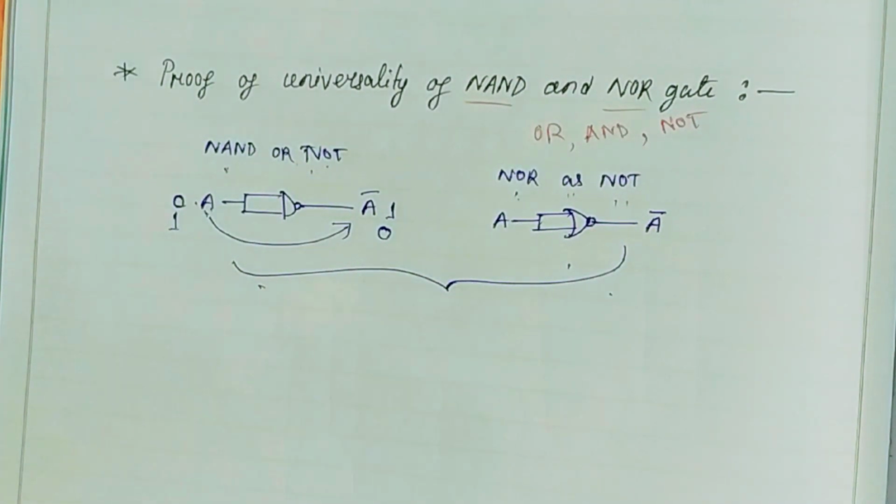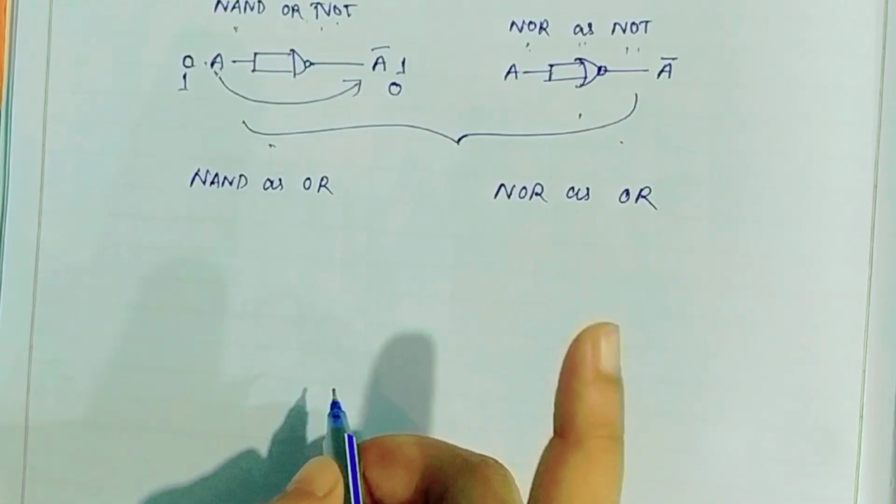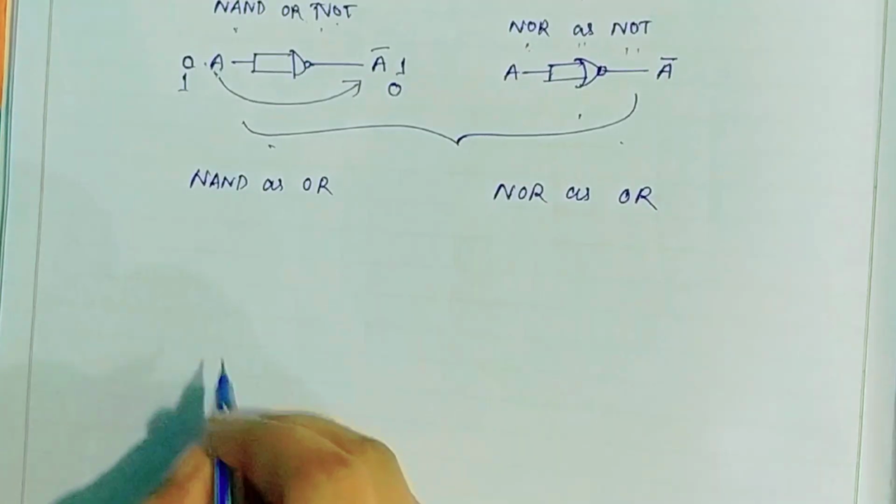Now let's see the next one, OR gate. Now we will see NAND gate as OR gate and NOR gate as OR gate. For NAND as OR, we have to take two different NAND gates with two different inputs.